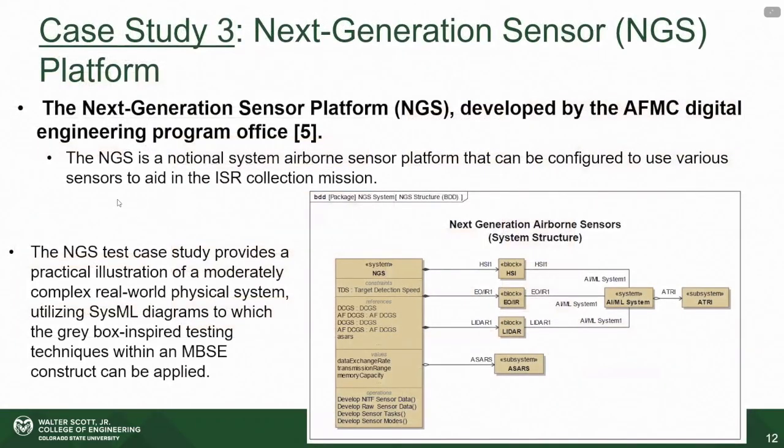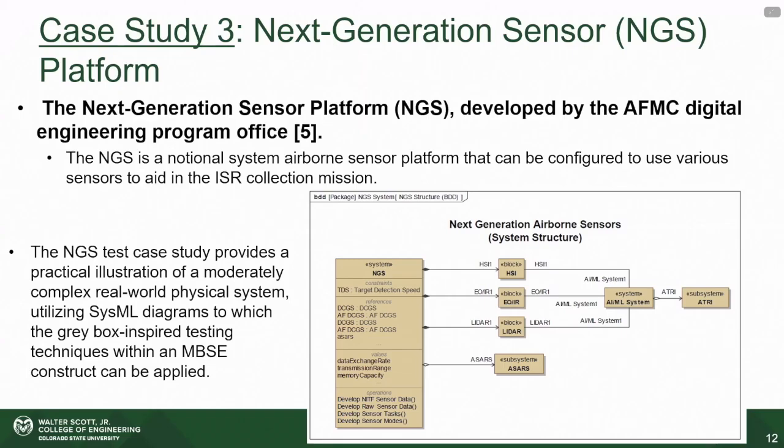Now, a third case study features a model that was developed by the Air Force Material Command, the Digital Engineering Program Office, known as the Next Generation Sensor System. This model serves as an instructional tool for both government and contractor personnel, demonstrating how to implement the weapons GRA structure in practice, and how we can use it to develop models that are coming into the new acquisition process.